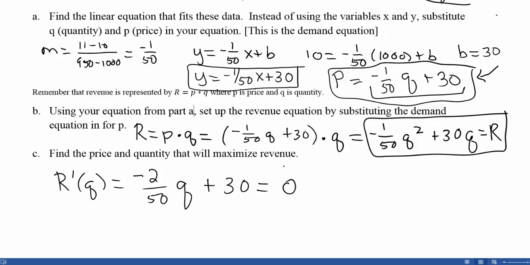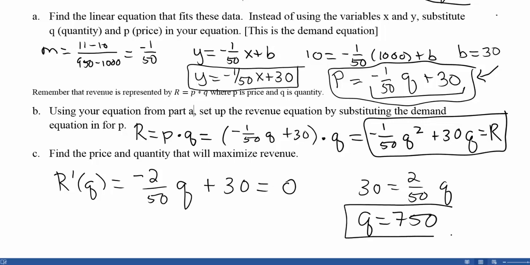So now I can take my q term and bring it over to the right, and I will get 30 equals 2/50ths q. Now I'm going to multiply by the reciprocal of that fraction to get it out of there. So multiplying both sides by 50 over 2 is going to give me that q equals 750.